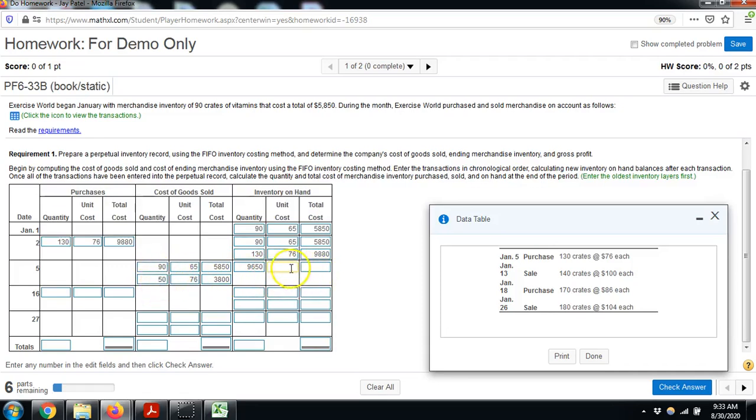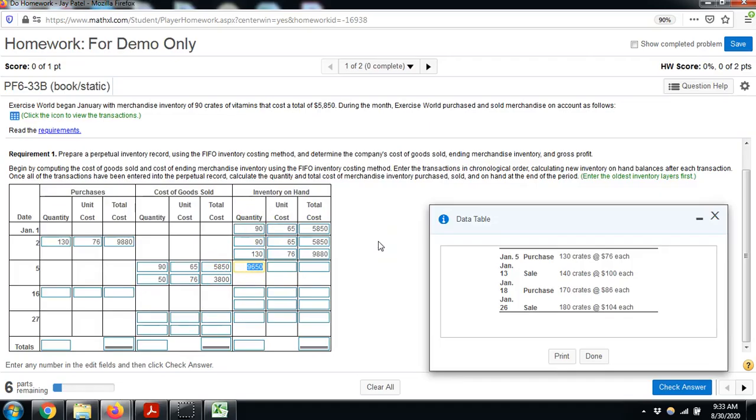So what do we have left over? Oh, hold on. Sorry, I'm putting it in the wrong spot, but just for your information, the total cost of goods sold would be this plus this. So actually they're not giving me a spot for that.